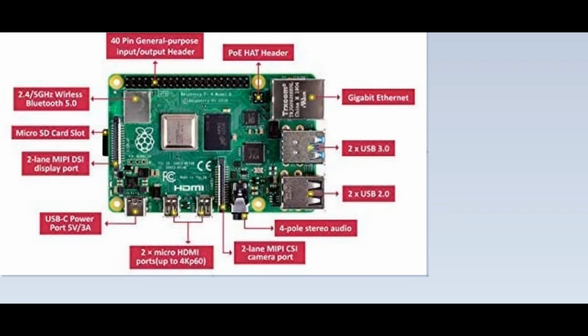If you change your mind and you prefer to install a different operating system, or to put different files, or to make a backup, you just insert a new one with a new operating system, a new file system, and restart it from this new micro SD. If you want to make a backup, you just copy it. So it's very easy. You don't need to do anything else. You just remove it and insert a new one.